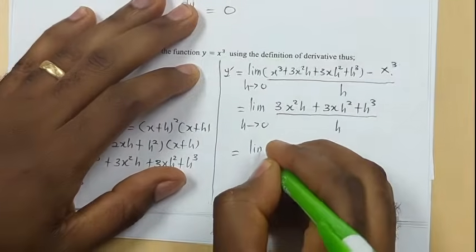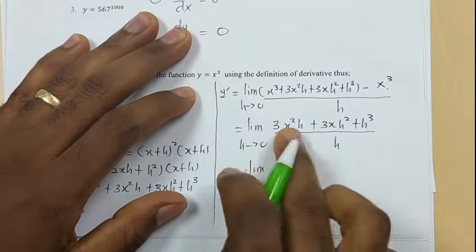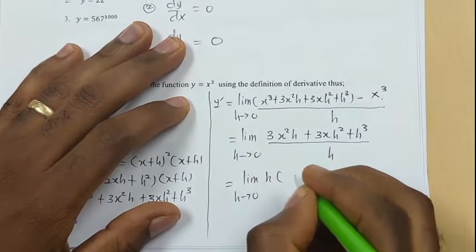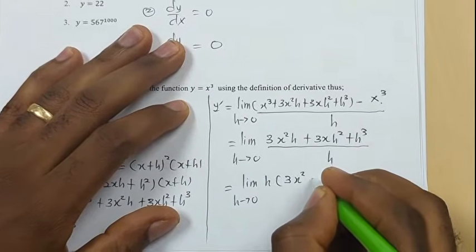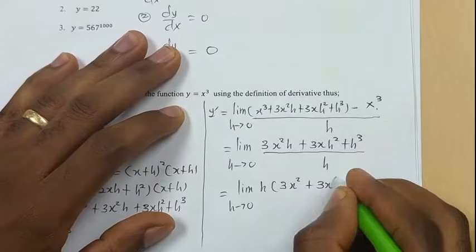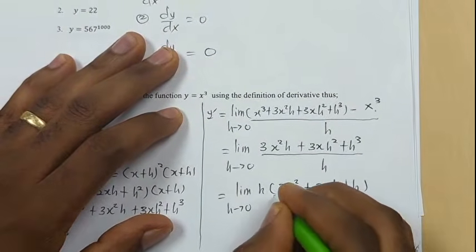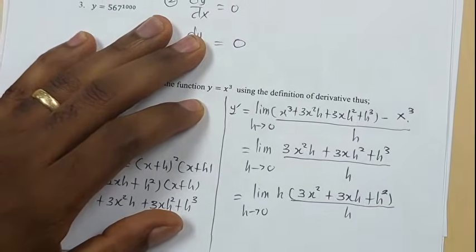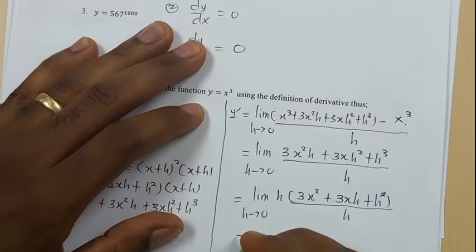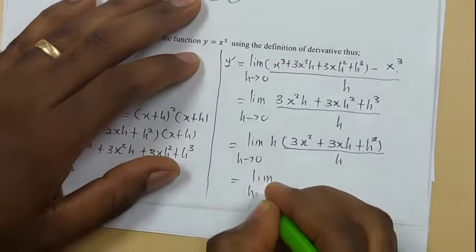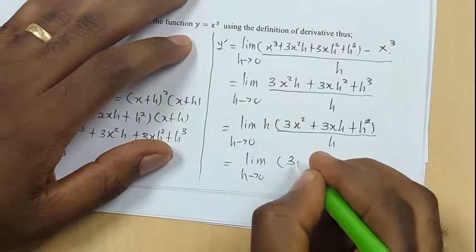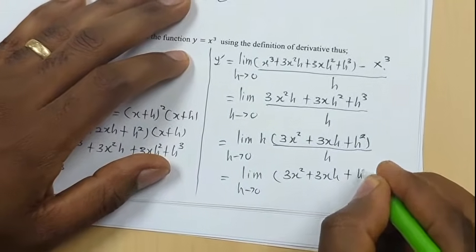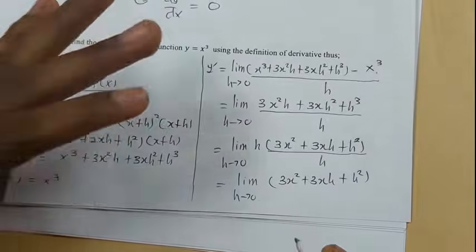You see that h is common to all of them, so it's a common factor, we can factor that out. So with h out, we have 3x squared plus 3xh plus h squared all over h. So we can divide, and we have the limit as h approaches 0 of 3x squared plus 3xh plus h squared. So we just substitute the 0 to get our differential.